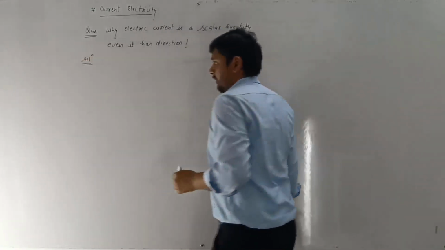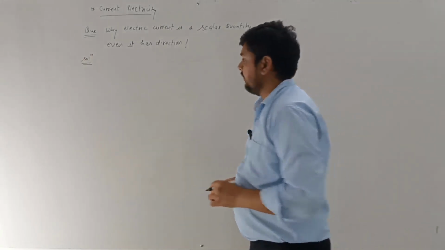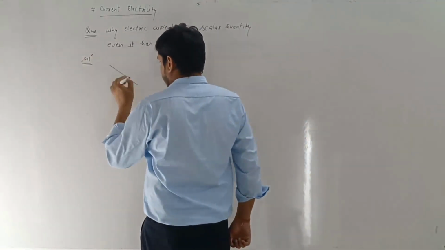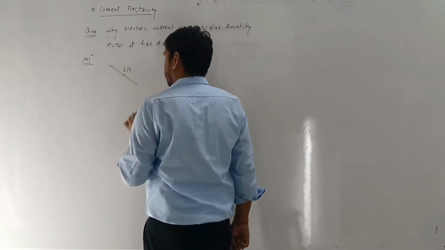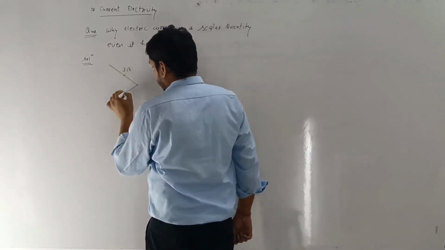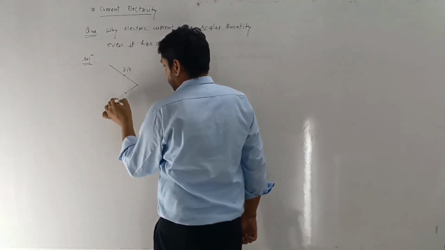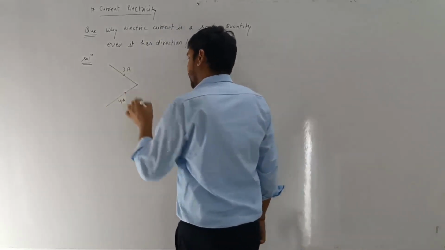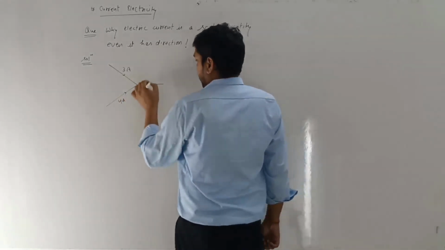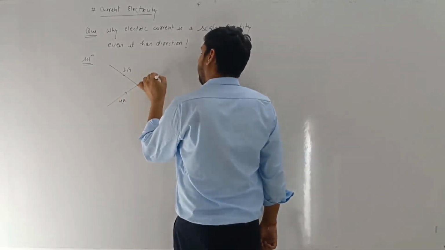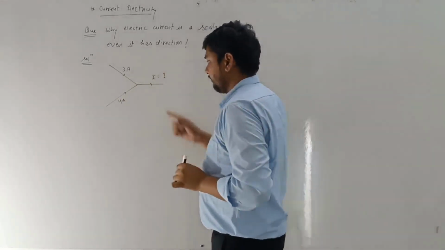For this, we discuss an example. Consider there is a wire in which 3 ampere current is flowing. There is also another wire in which 4 ampere current is flowing, and there is another wire connected with these two wires in which we have to calculate the electric current.